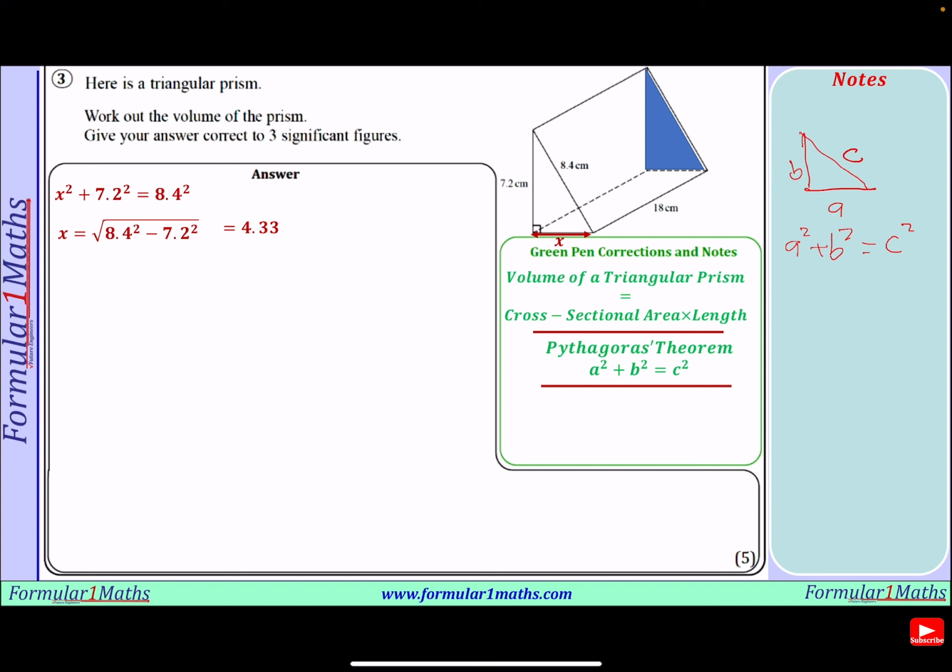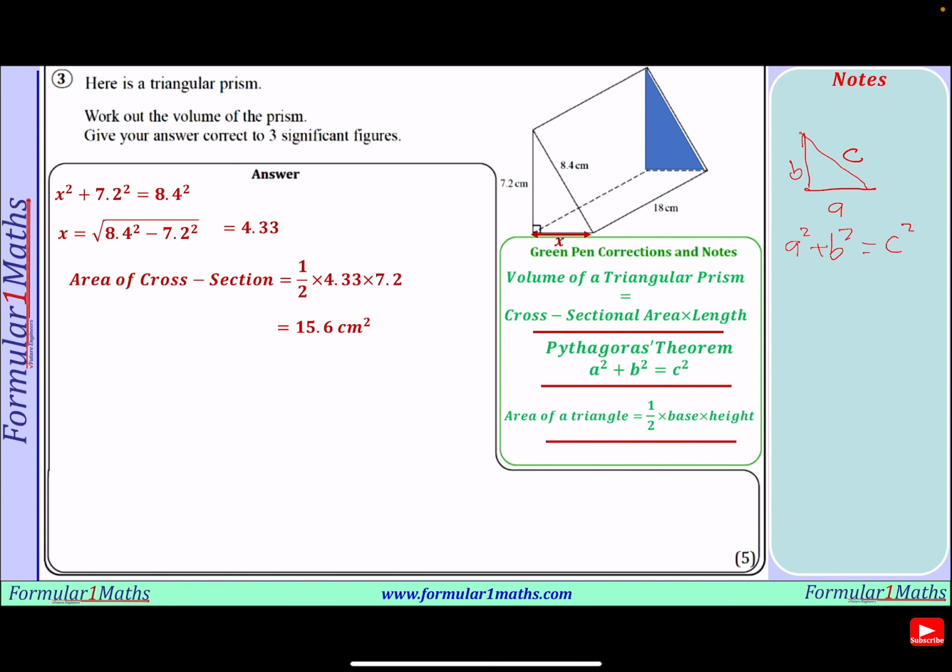Now we can find the area of the triangle, because we know that the area of a triangle is half times the base times the height. For this triangle, the base is 4.33, we've just found, and the height is 7.2. So the area of the triangle is half times 4.33 times 7.2, which happens to be the area of the cross-section of the prism. So if we evaluate that, we're going to get 15.6.